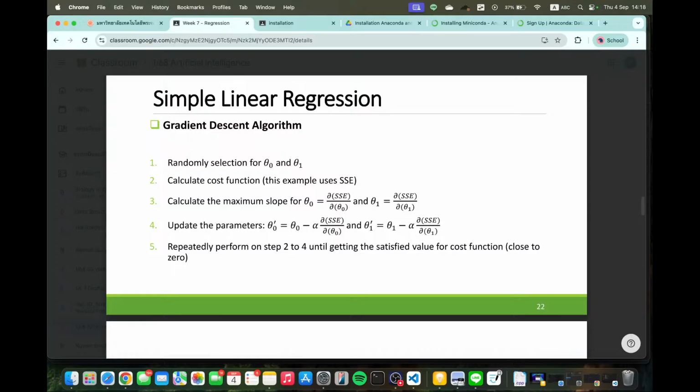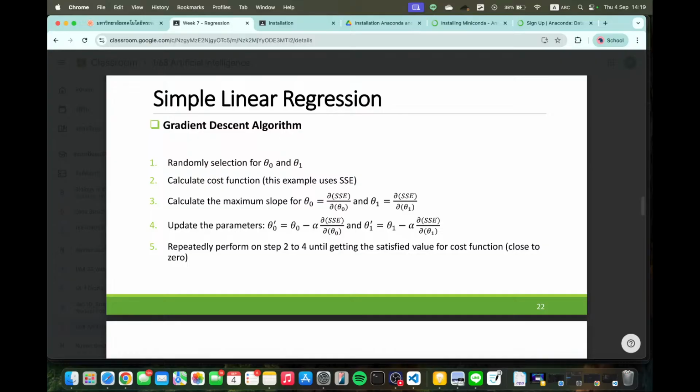Compared to theta 0, it means the sum square error, SSE, is coming from the y predict, right?